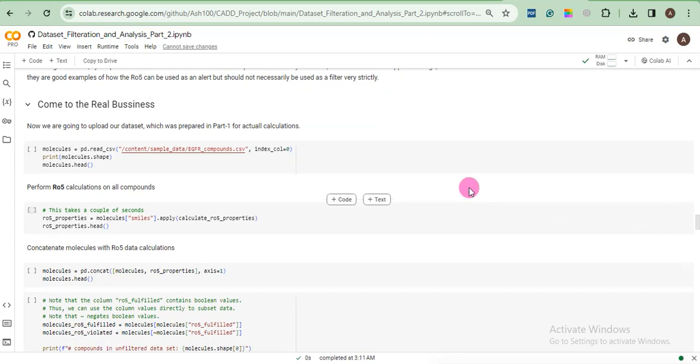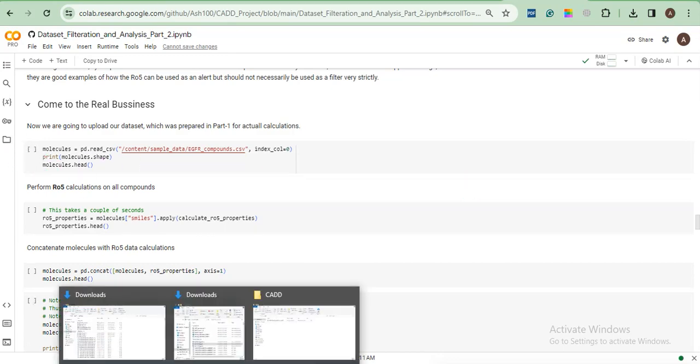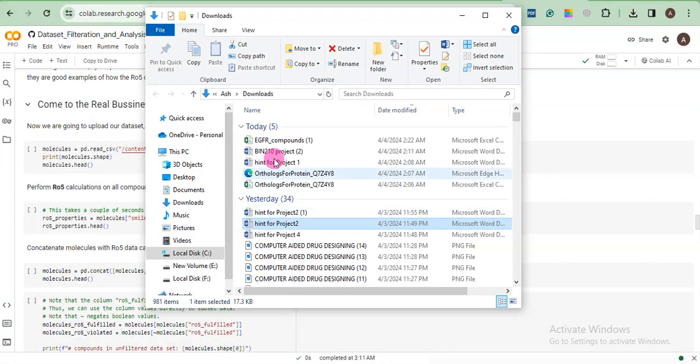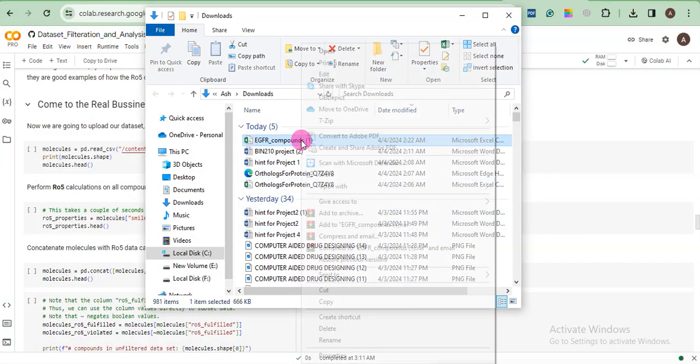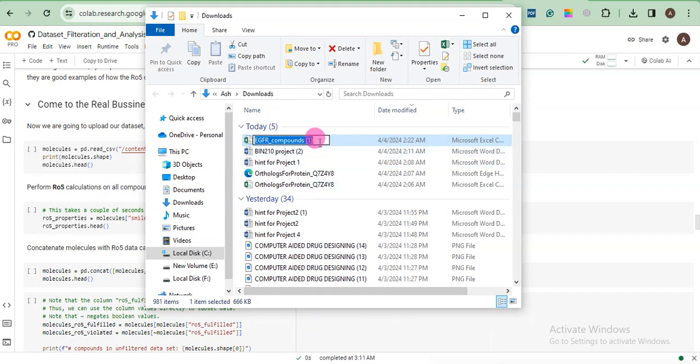Okay, now we are coming to some real business, and we will upload our own data which was prepared in our last section. So how to upload our data? Let me check the data. It is present in the download folder, so I will rename it because I don't want this extra one.